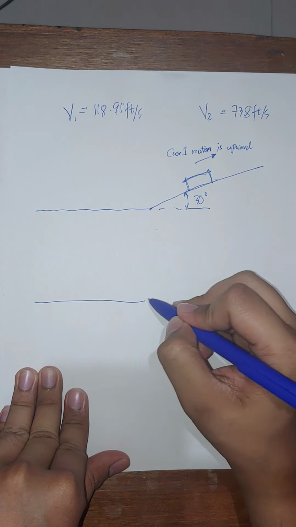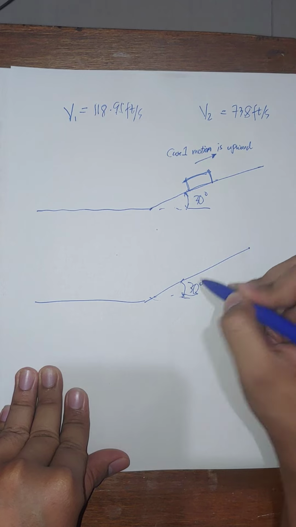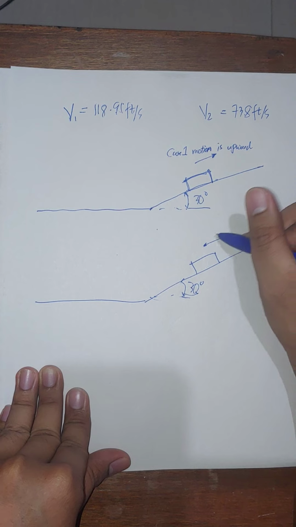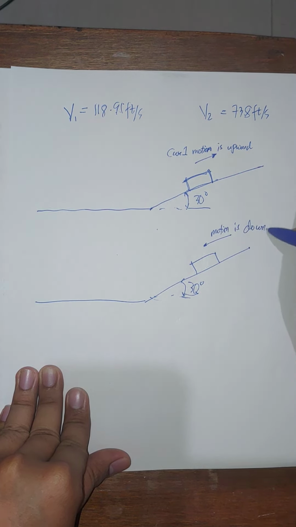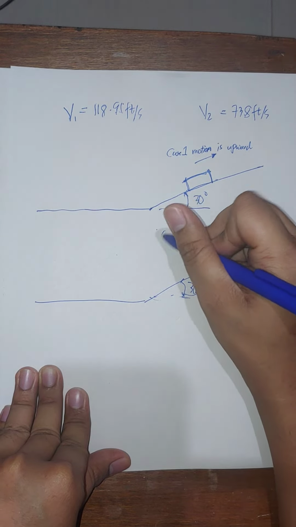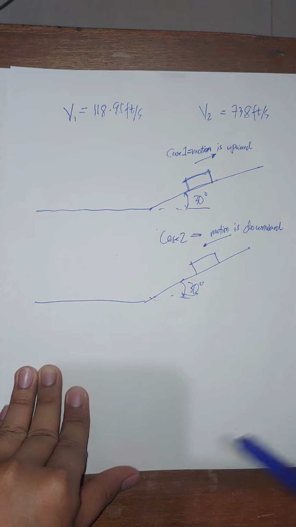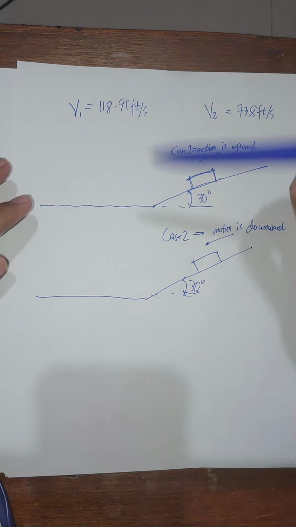For our case 2, I will separate it to make it clearer. So we have 30 degrees here. For our case 2, we assumed that the motion is downward. So this is our case 2. What do these values mean?